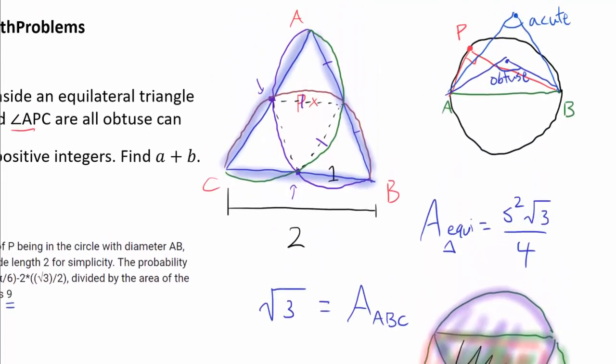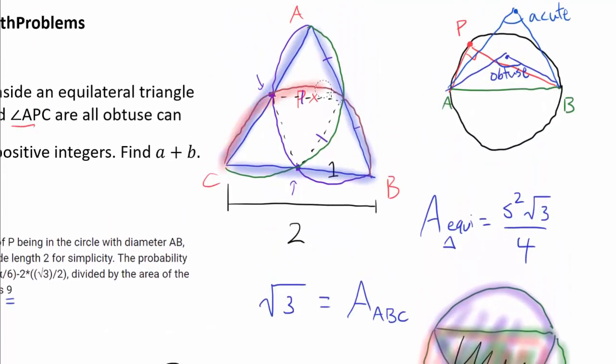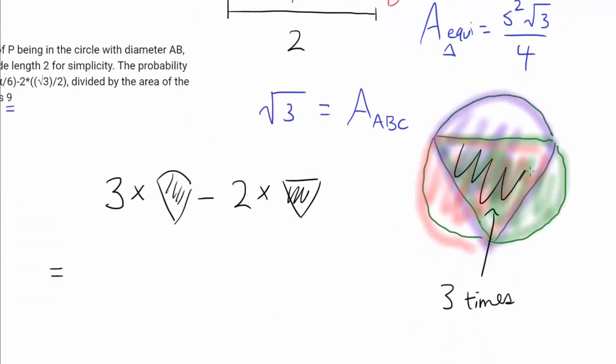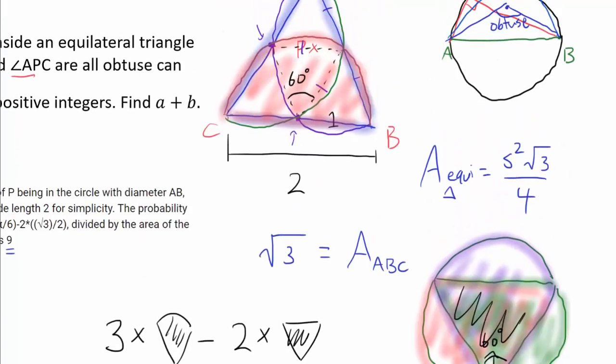Well, the area of this entire circle with radius 1 is pi, but we only care about the part with an angle of 60 degrees, which is 1/6 of 360. So the area of the circular sector is going to be pi over 6. If you extend the circle all the way, the entire circle is pi, but we only care about the 60 degrees part.